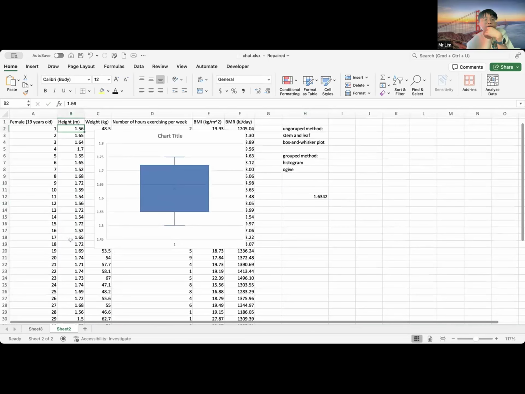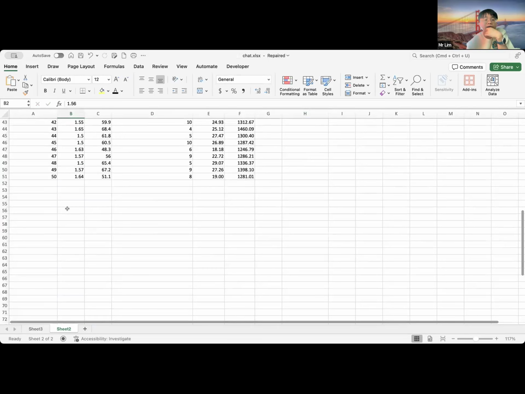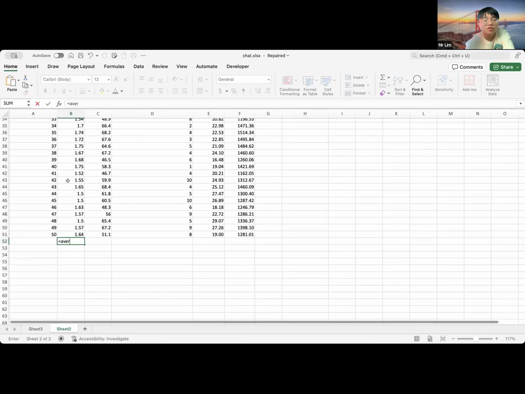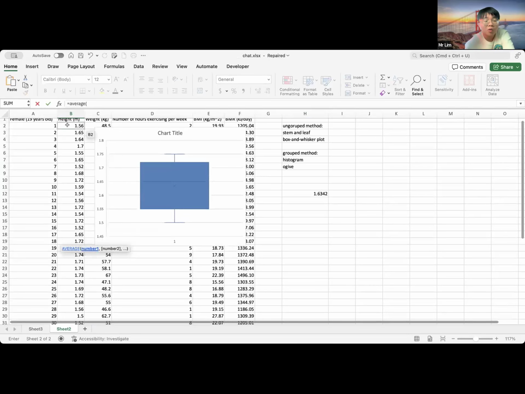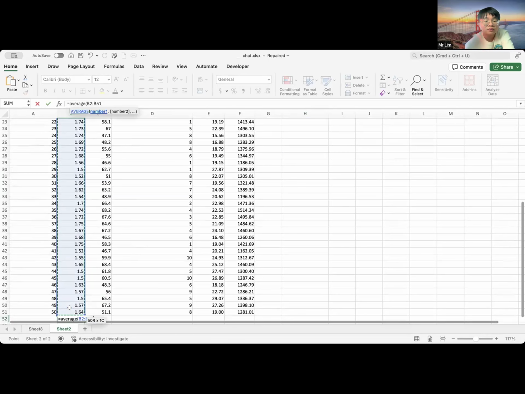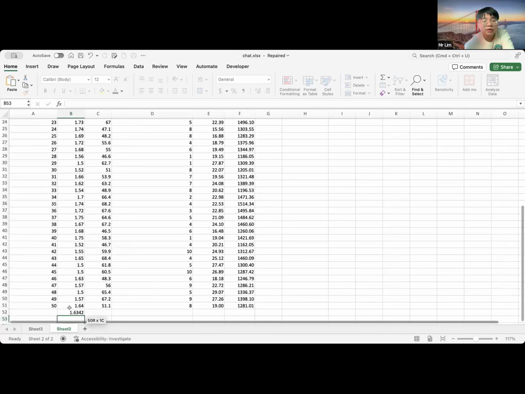Okay, let's check that. Let's say I will calculate the average of the height. AVERAGE, average. So you have a quick way to calculate average, and then open bracket, select everything you have here. Close bracket.